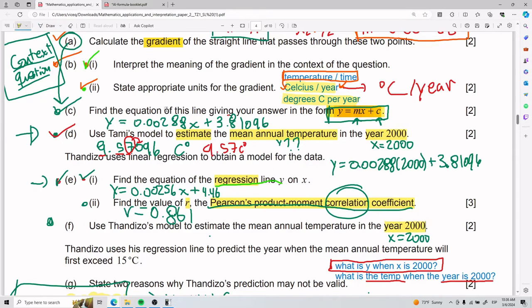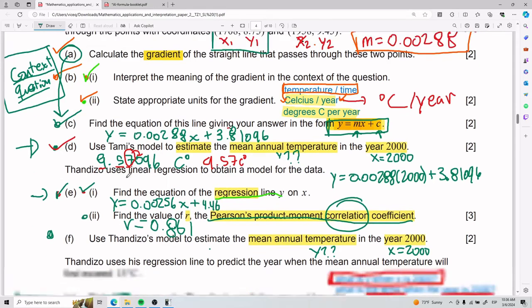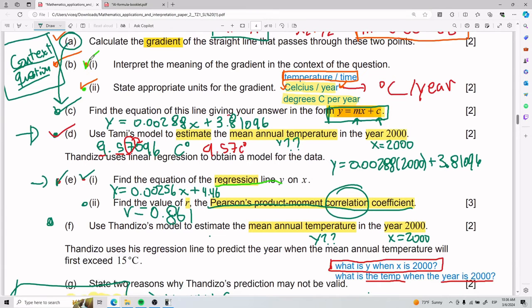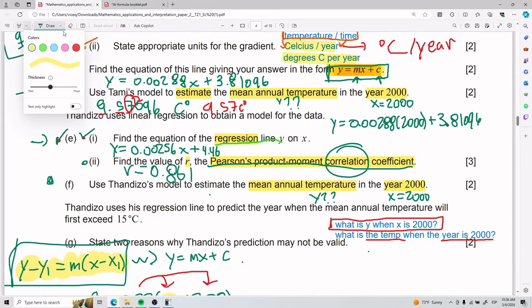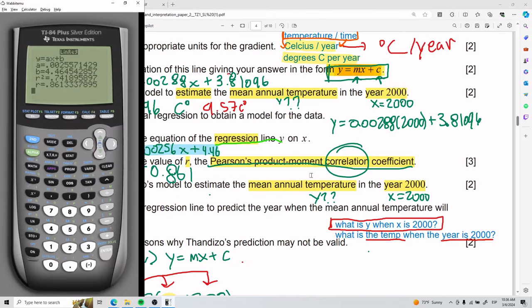And we need to estimate the mean annual temperature. What was temperature? Temperature was y. So we need to find the y when x is 2000. This is literally the same as part D, just with the new equation. What is the equation that we're using now? It is right there. So we're going to be putting 2000 into that.